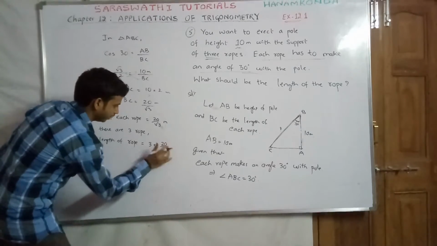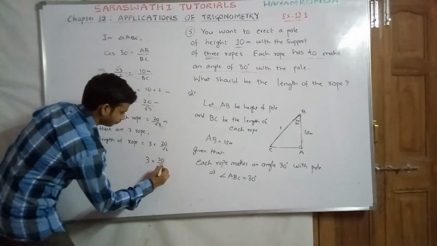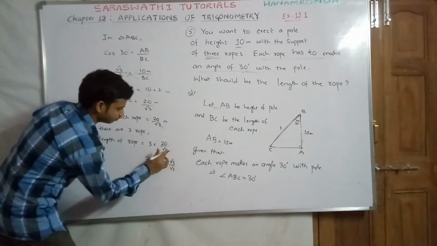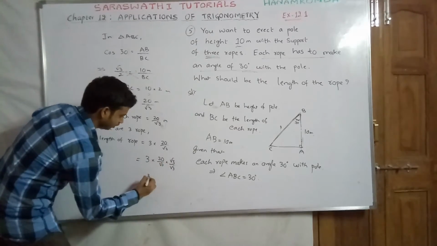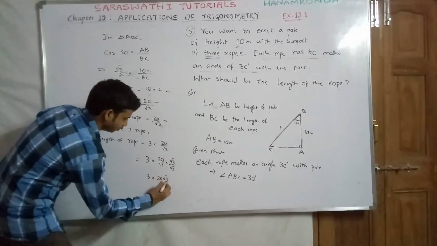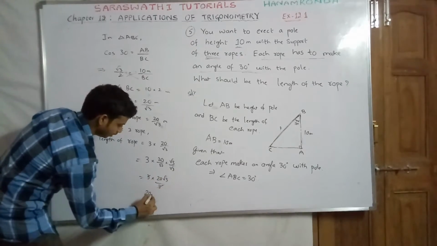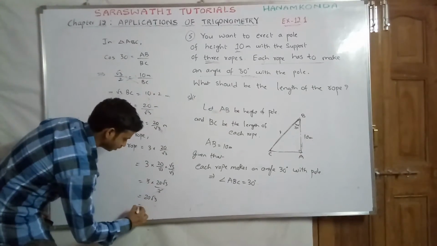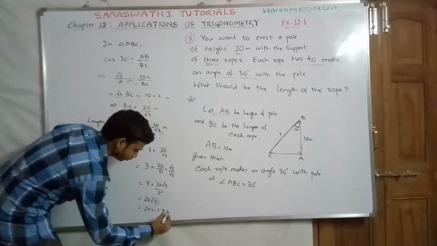If we multiply and divide by root 3, since the rationalizing factor of root 3 is root 3, we get 3 into 20 root 3 by root 3 into root 3, which is 3. So 3 gets cancelled, and we get 20 root 3. We can write this 20 root 3 as 20 into root 3 value, which is 1.732.